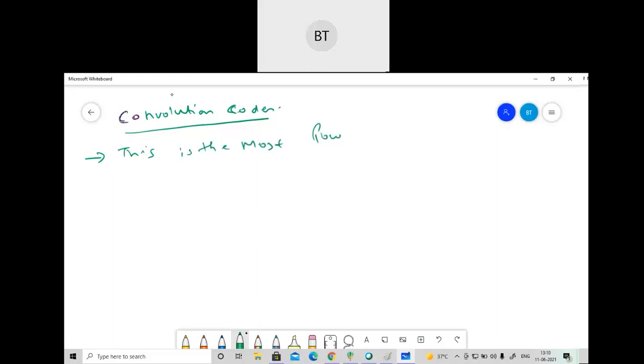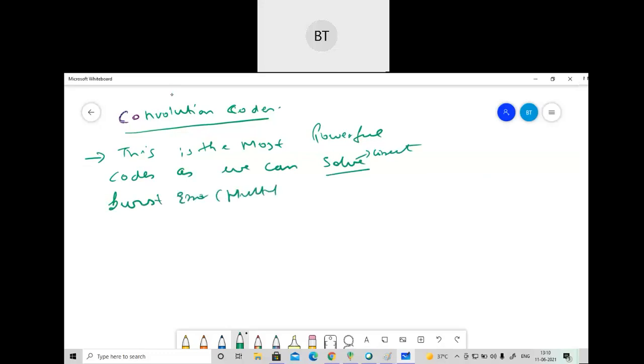Compared to the block codes, convolution codes are more powerful, as we can correct burst errors, which are multiple errors. But in the linear block codes, we can only correct random errors, which are single errors.